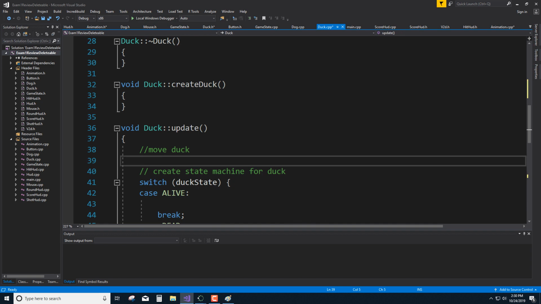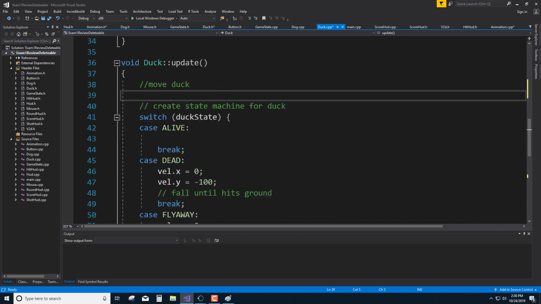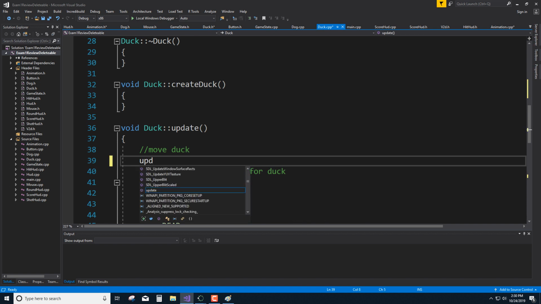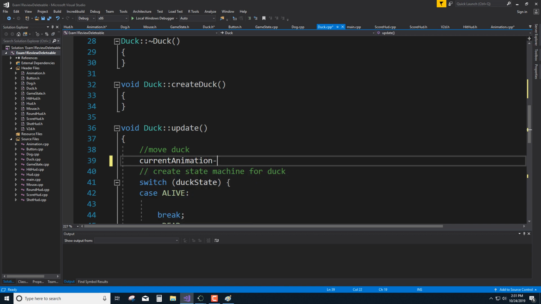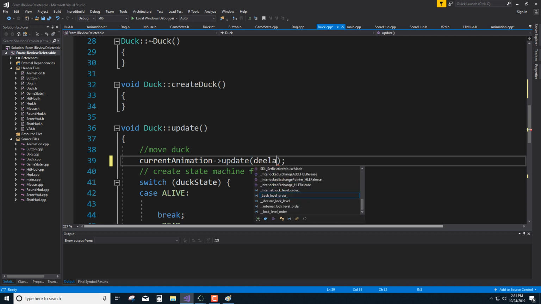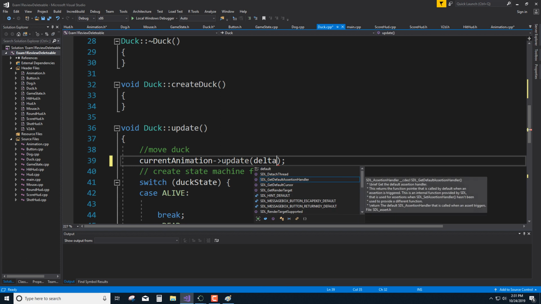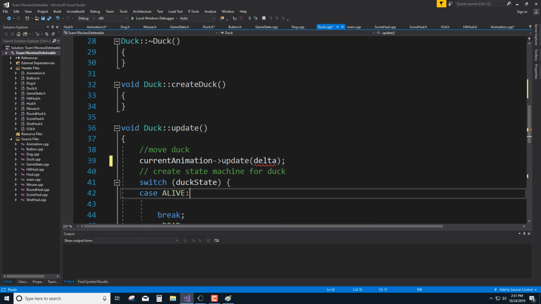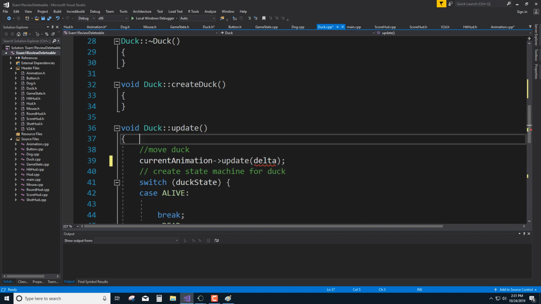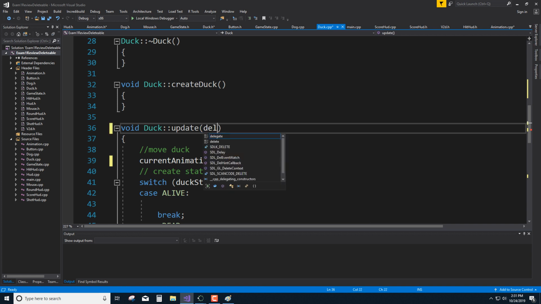So every update we have to update the duck's physics and update the animation. Let's just see if the animation works. There's no way it does, but I checked. Current animation update, and it will need delta. And then duck will also need delta.